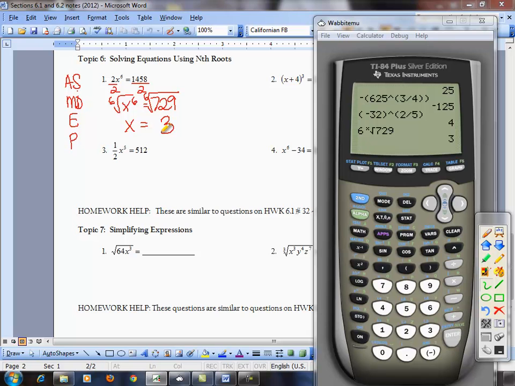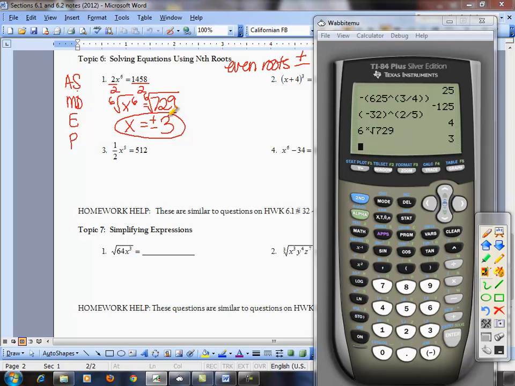Now, the only problem is, if you remember back in chapters 4 and 5, when we solved things with roots, square roots have 2 answers. So even roots need the plus and the minus. Like a square root, a 4th root, a 6th root, they all act the same way. So this should say positive 3 or negative 3. So you're going to have 2 solutions here.